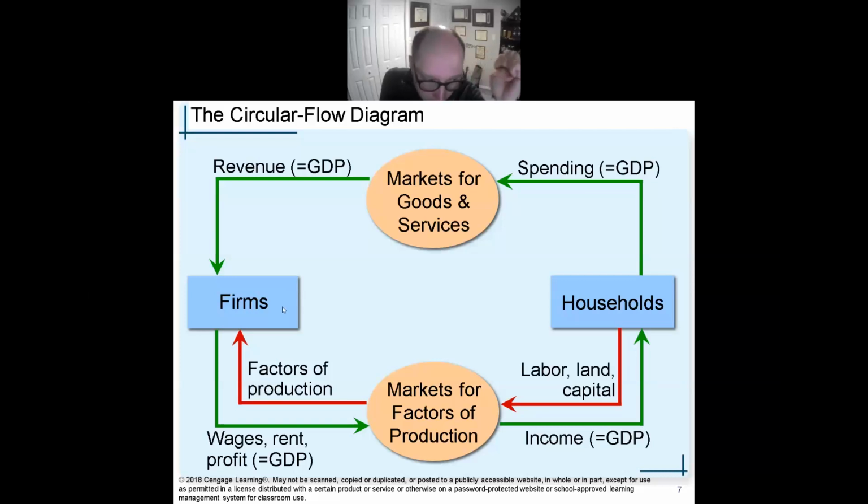They pay the employees wages, make a profit. The households are receiving income from the wages. The households are then spending the wages on the goods and services that they need. The spending that the households are spending on goods and services, that's revenue for the company.